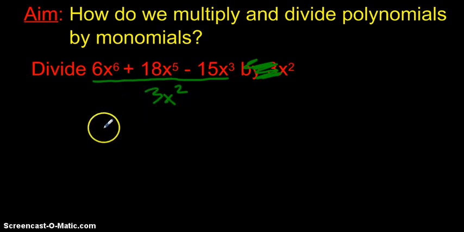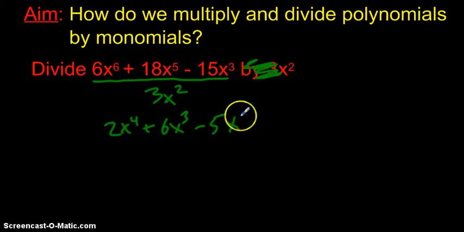There's nothing wrong with that. So this is 2x to the 4th because we subtract when we divide. That is positive 6x to the 3rd, and that would be minus 5x to the 1st. So just leave it as x. No exponent is x to the 1st.